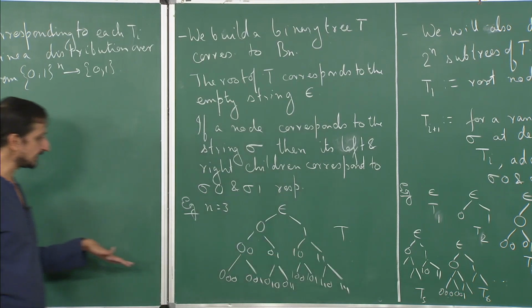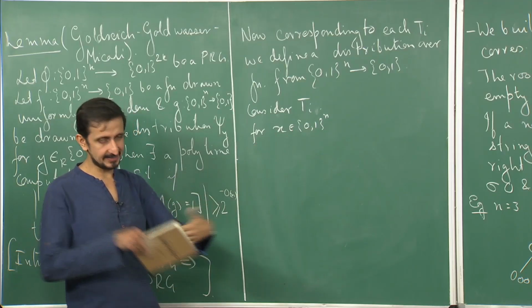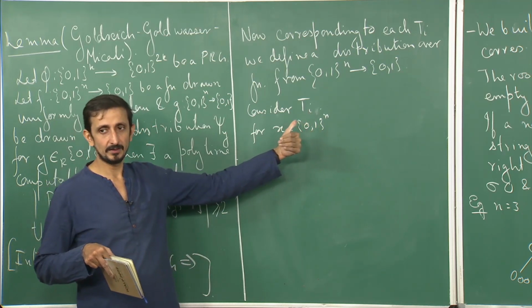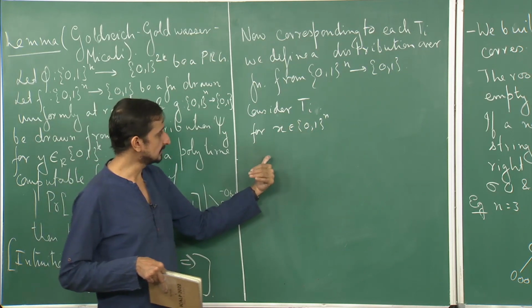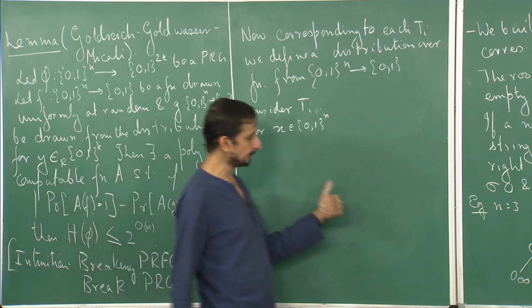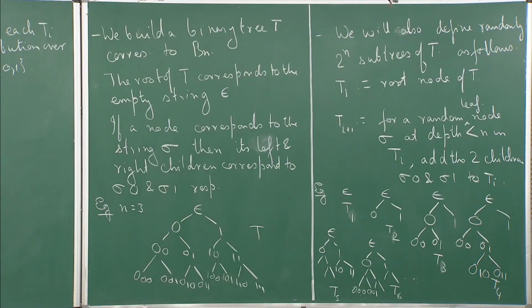Okay. Now Ti might not have that leaf. Okay. So I will look at the maximum common segment between x and Ti. Okay. So I will look at what is the maximum m that I can go to, which is common to both Ti and x. Okay.